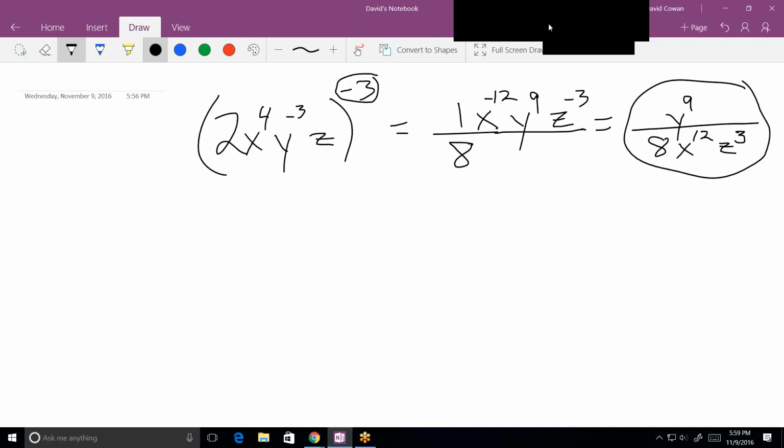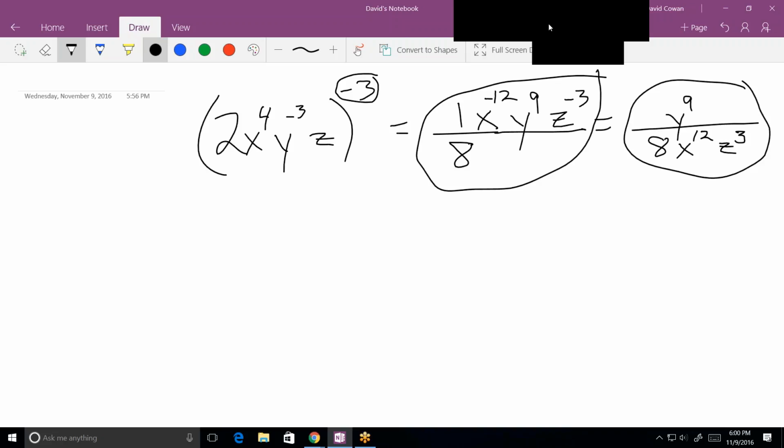Well, this is the same number. That's the same answer. Both of what I have circled are the same thing. It's just this one has some negative exponents and this one doesn't have any. Remember, all you have to do to get rid of a negative exponent is move it to the other side of the fraction bar. So that x to the minus 12th became a denominator of x to the 12th.